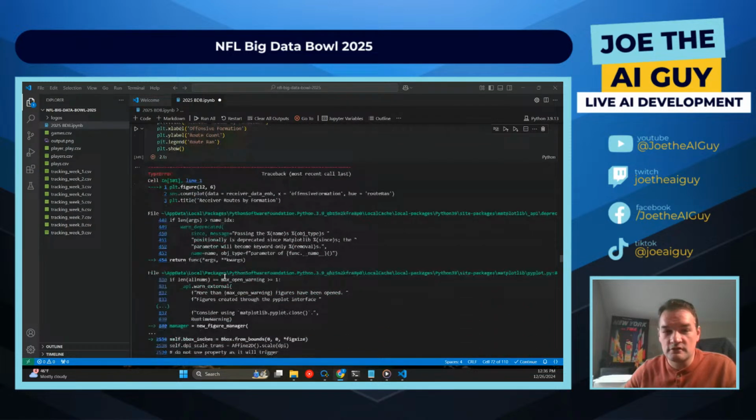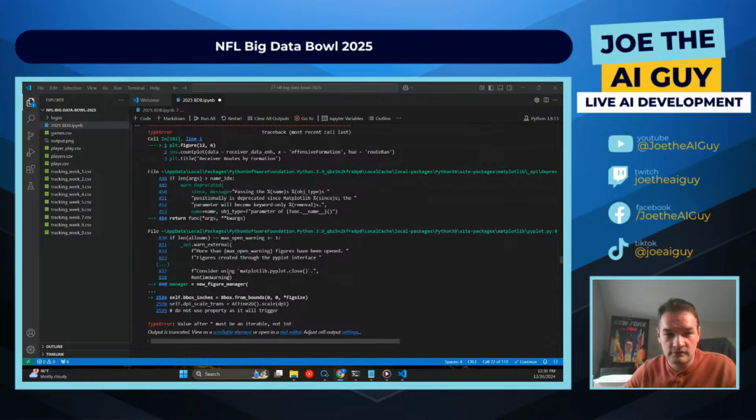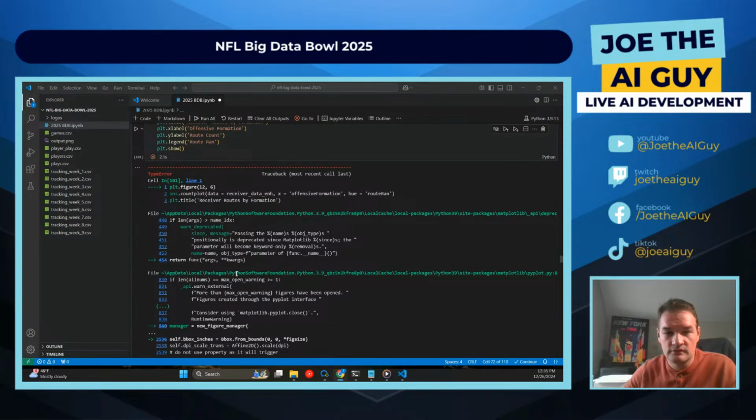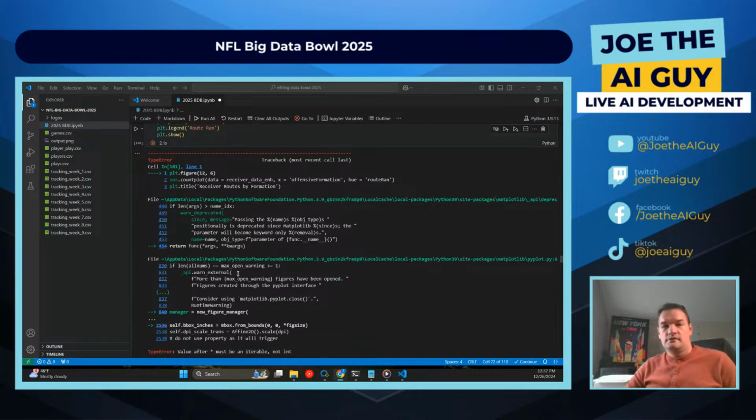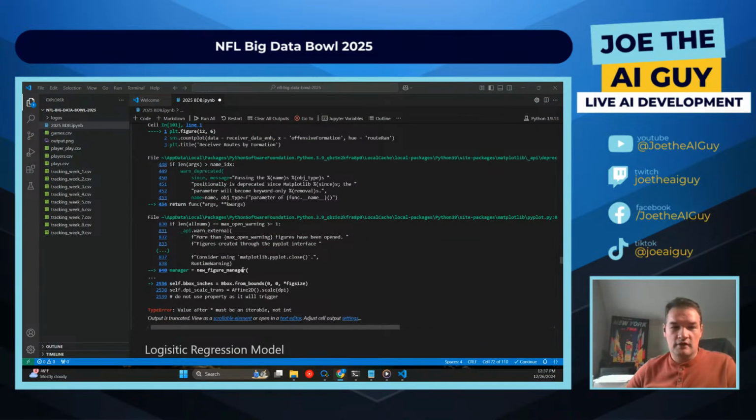Let's see what happened here. Value after this must be iterable, not an int.